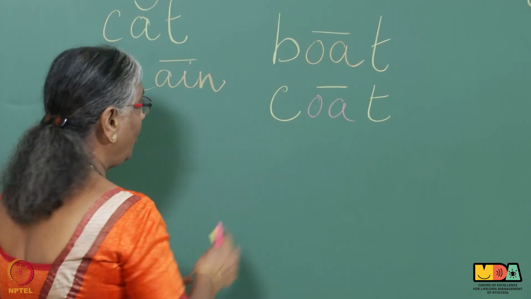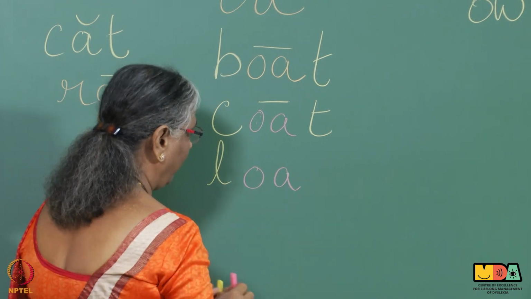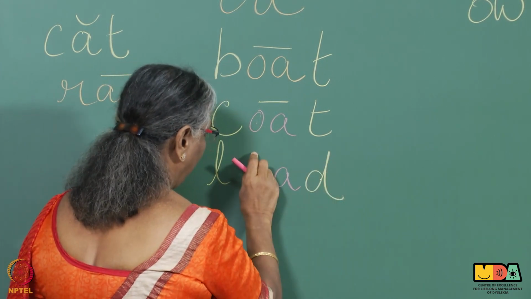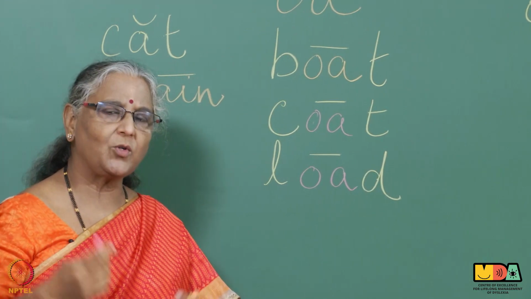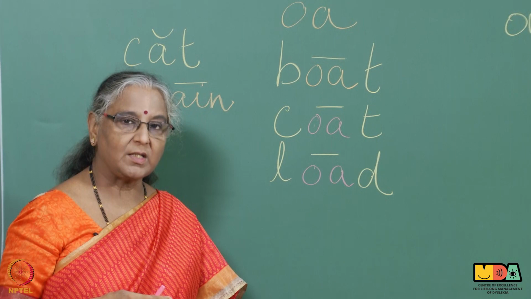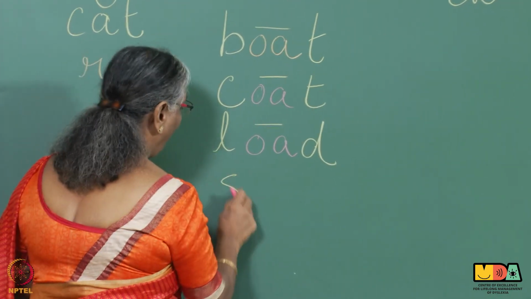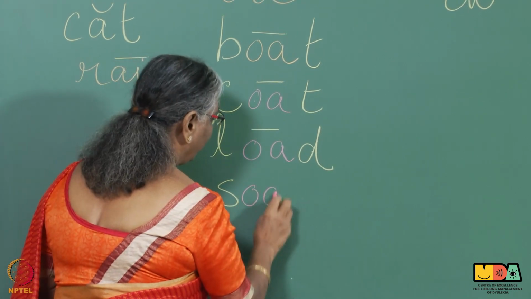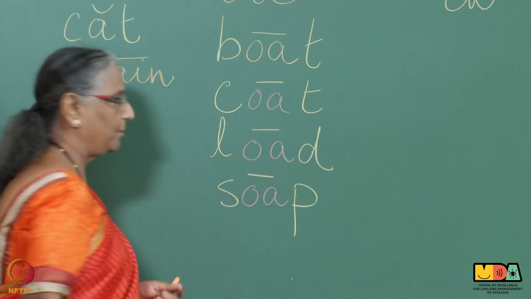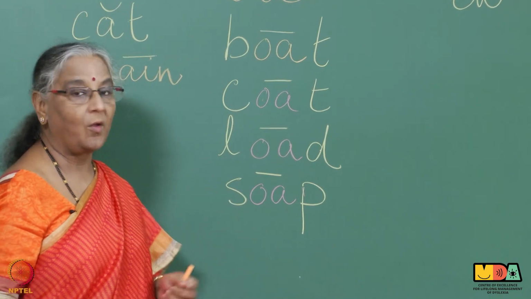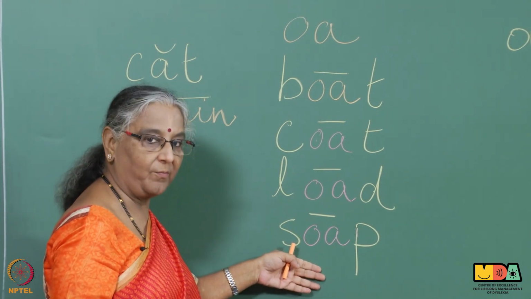We have a word like load, and the long vowel sound indicator. What do you use when you have a bath? You use a soap. Now, soap again, long O vowel sound, and we have the diacritical mark. This is OA coming in the middle of the word.